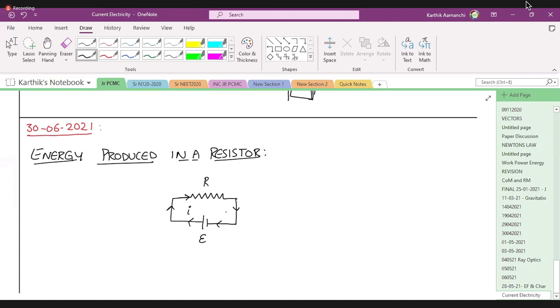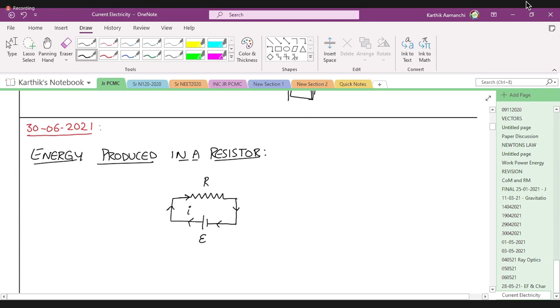They thought flow of positive charge is current. But then later they found out that there is nothing called positive charge. Absence of negative charge is positive. That's all. Clear? So, in this direction, it is going inside.